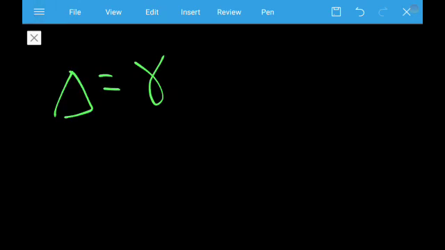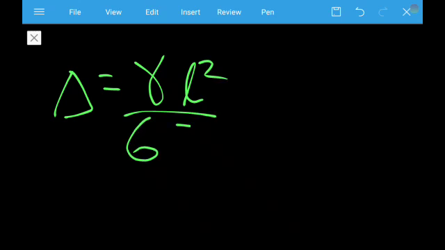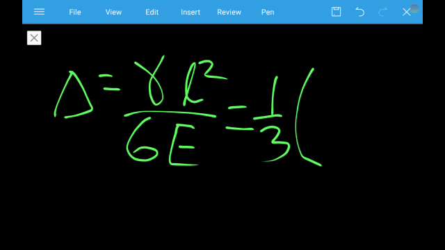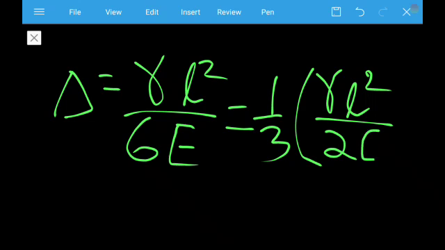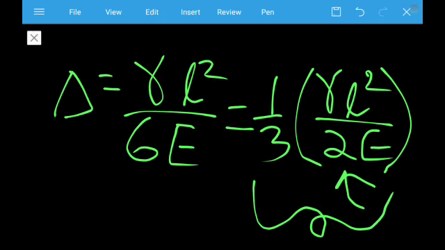Deflection is gamma L square upon 6E, or 1/3 of the deflection of the prismatic bar of the same length, which was gamma L square upon 2E for the prismatic bar, and this whole is for the conical bar.